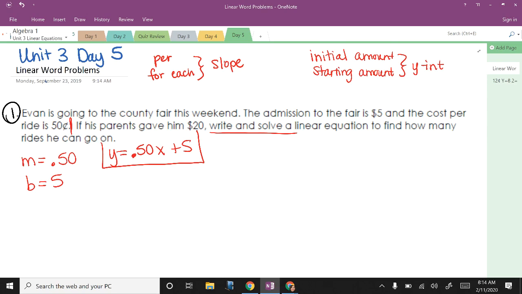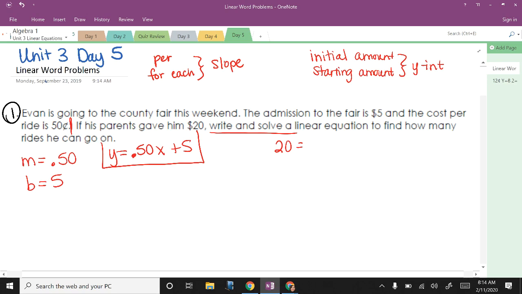Yes. So that means 50 cents is getting multiplied by x, so x is the number of rides. Which one does the total amount of money go for, do you think? y is the total amount. So when I solve for how many rides, I put 20 in for y. Do y'all see that? Yeah, the 20 is the total amount.